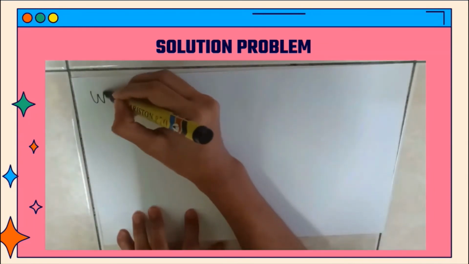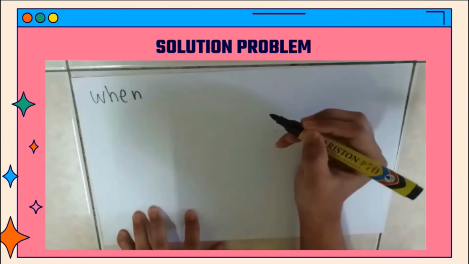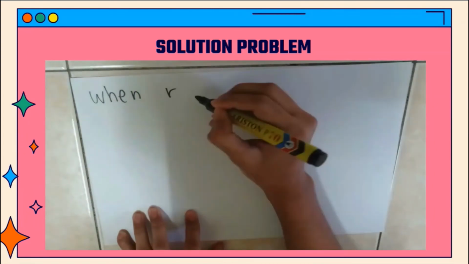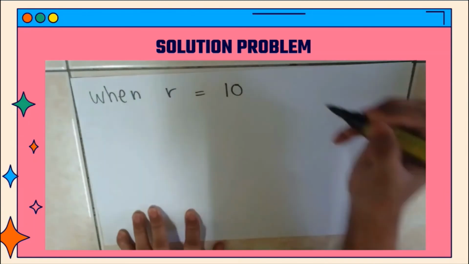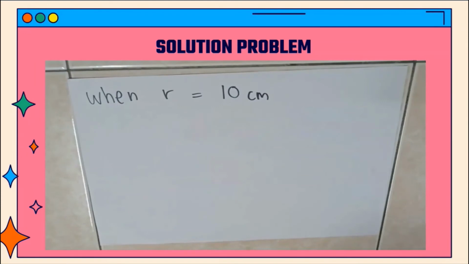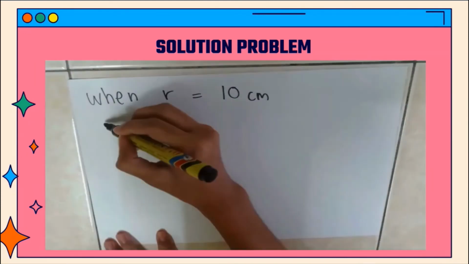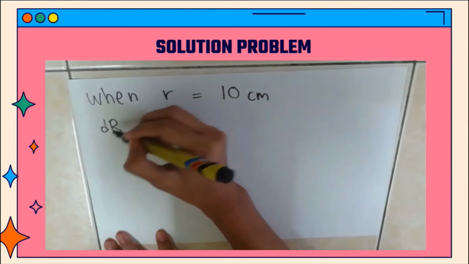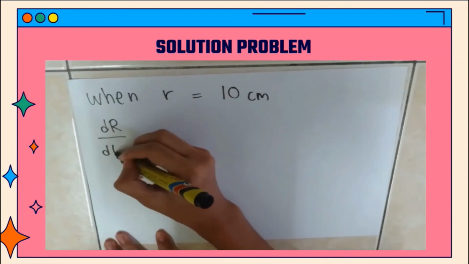So how do we find the rate when the radius is 10 cm? We can substitute the radius that is given to us, 10 cm, into the rate that we just wrote, which is dr/dt.